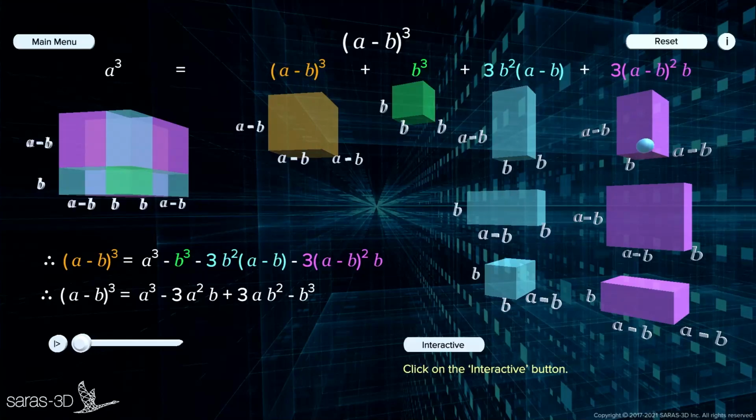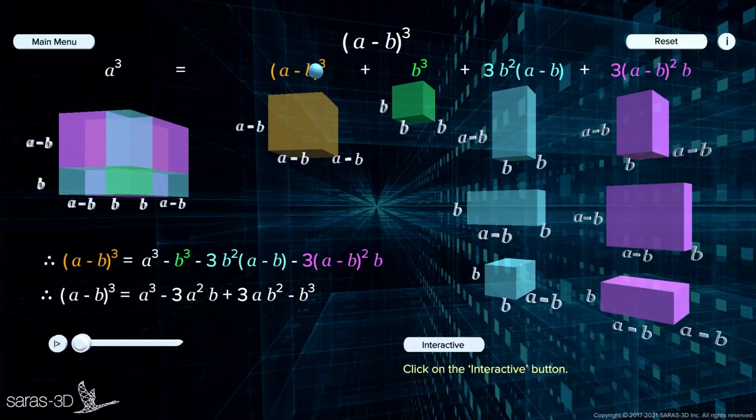Similarly, if we look at these three, the dimensions are again the same. The volume of each of them will be b times a minus b the whole square. Because there are three, the total volume will be 3 times a minus b the whole square times b.